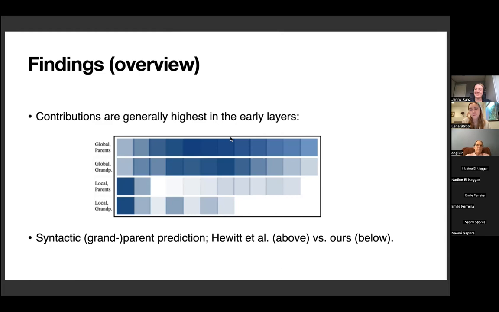Well, the question is whether the differentiation of the representations accounts for all of this detecting of structure in the lower layers, or whether the structure is still encoded in some meaningful way.